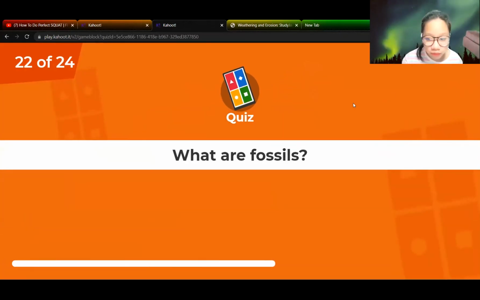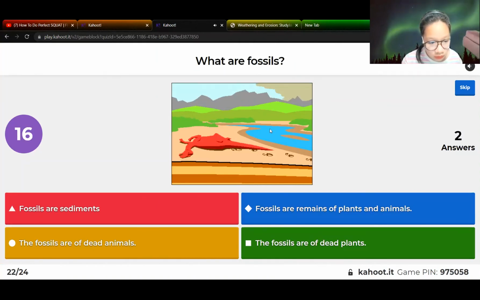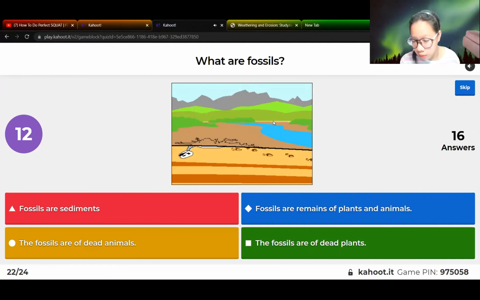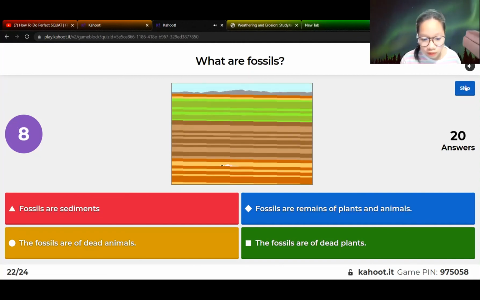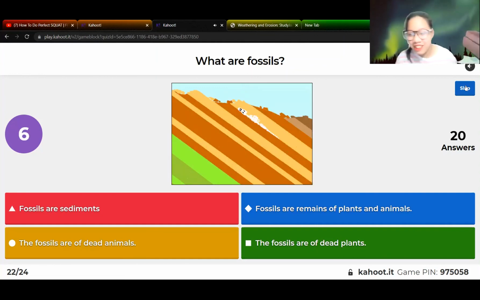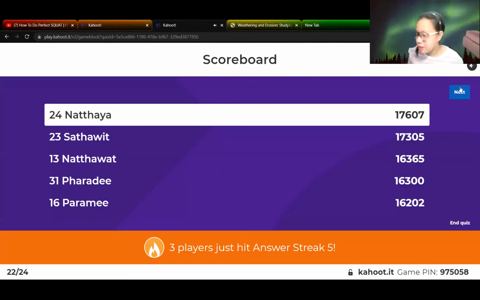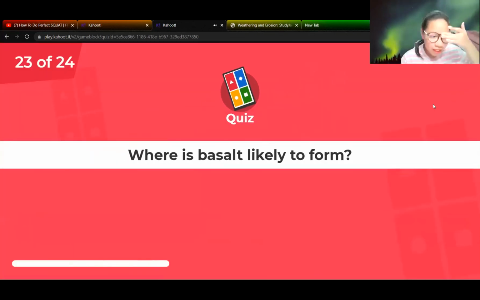What are fossils? Five seconds. Okay. Good job. Let's do it quickly. 2 more questions. Where is basalt likely to form?